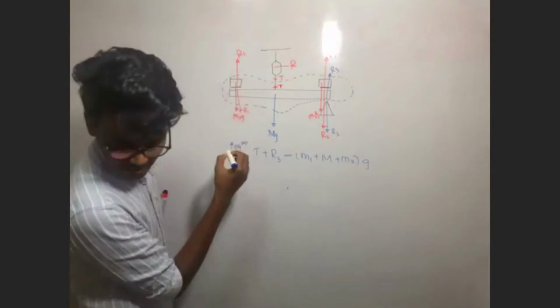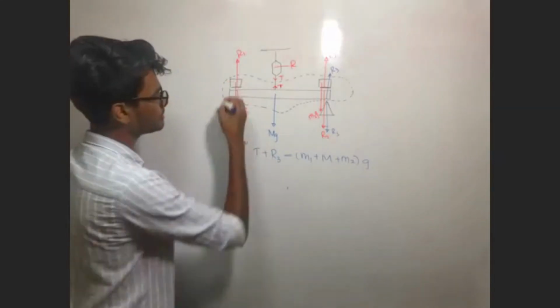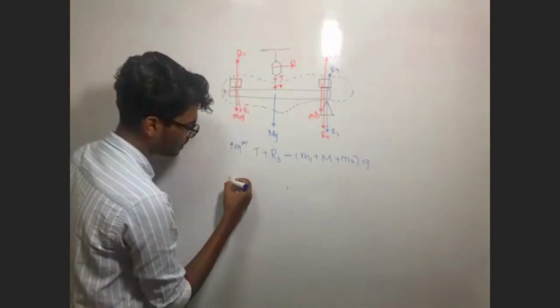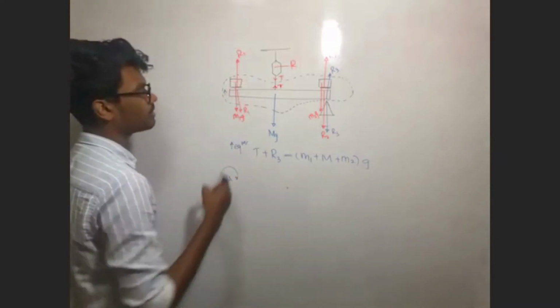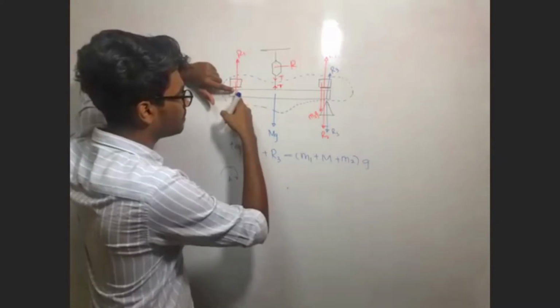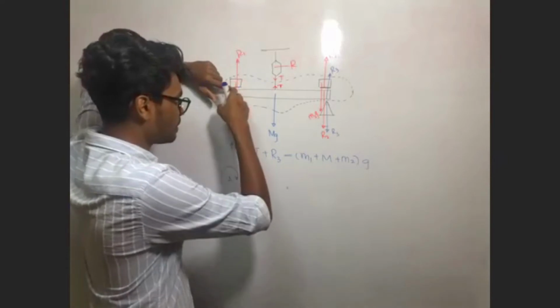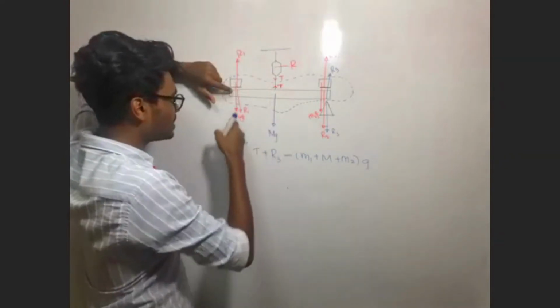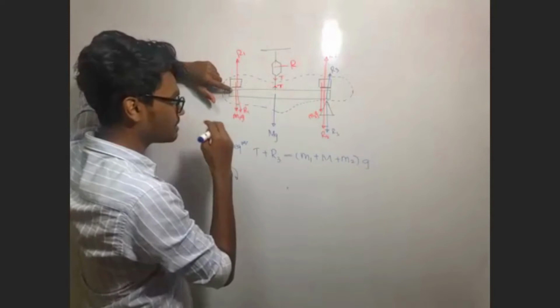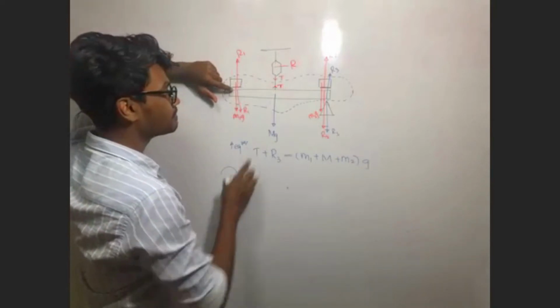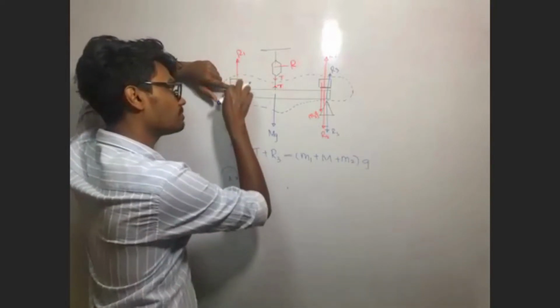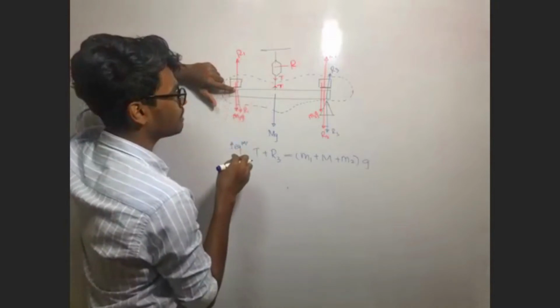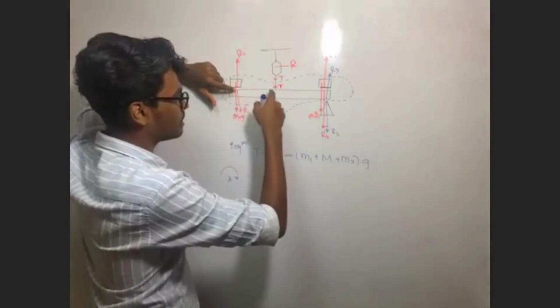If we consider this end as end A, we're going to apply a moment around this end A. If we apply the moment around this end A, R1 doesn't come, M1G doesn't come into the equation. Why? Because everything goes around this point where we take the moment. So therefore it's not going to be there.